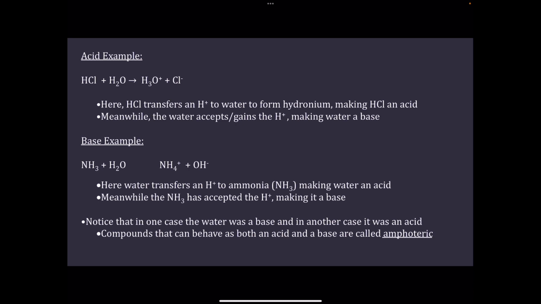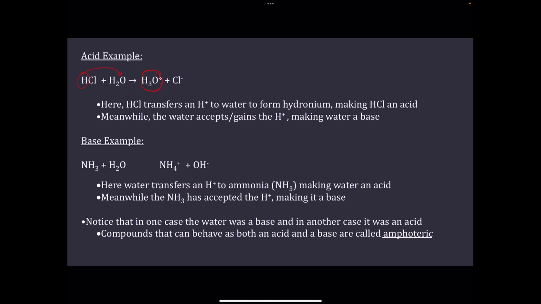So we can look at an example of an acid, HCl. We already saw HCl be the Arrhenius acid. The HCl dissociates, it releases H+. We also said that that H+ interacts with the water. Well, it's interacting through that proton transfer. The HCl transfers a hydrogen to the water molecule. And that's what's forming our hydronium here.